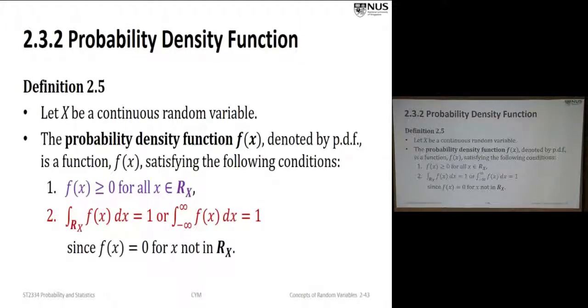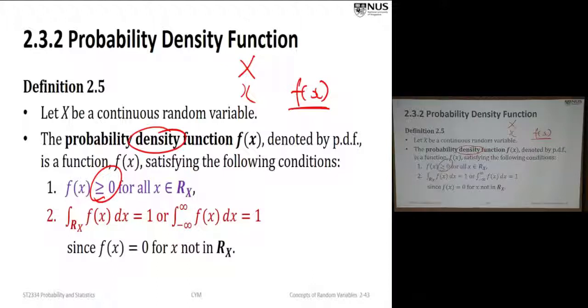All right? So here is the definition. f of x is the probability density function. I will explain why it's called density. But you can see that for the random variable x, we associate a value which is determined by f of x. f of x is a function, and this number has to be bigger or equal to 0 for any x in the random variable.